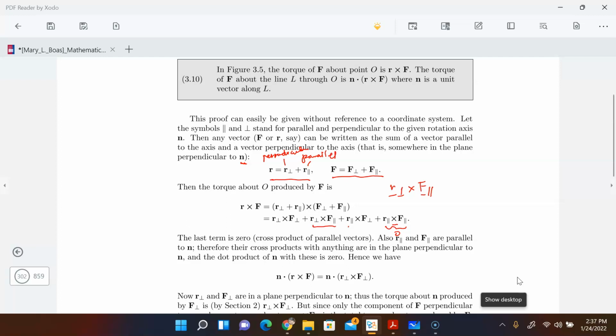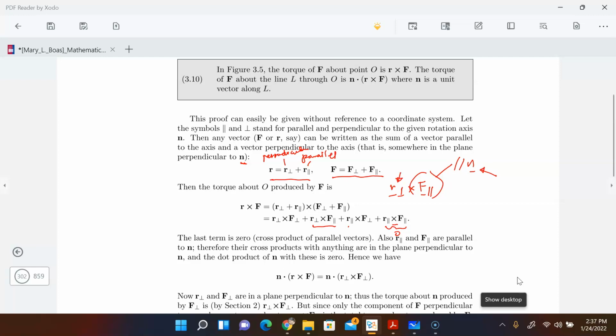Now F parallel will be in the direction of N, this would be parallel to N. So R perpendicular cross F parallel will have to be a vector which is perpendicular to N and perpendicular to R perpendicular.